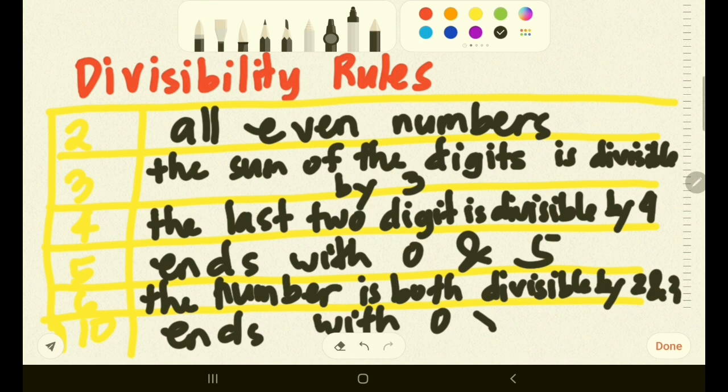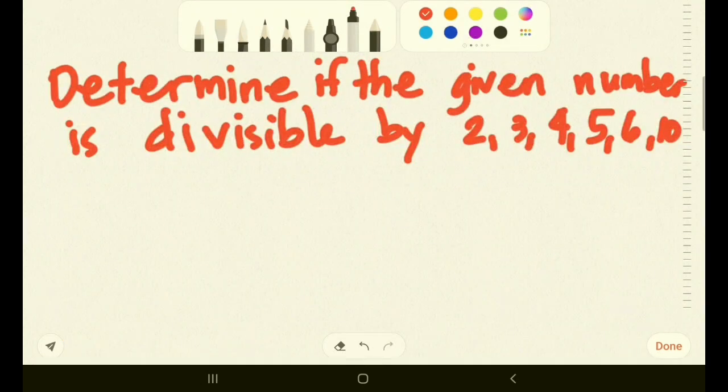That's it. Now, as a summary, I'm going to give you an example for all the divisibility rules that I introduced to you. So now we're going to determine if the given number is divisible by 2, 3, 4, 5, 6, and 10. Okay, let's have an example.